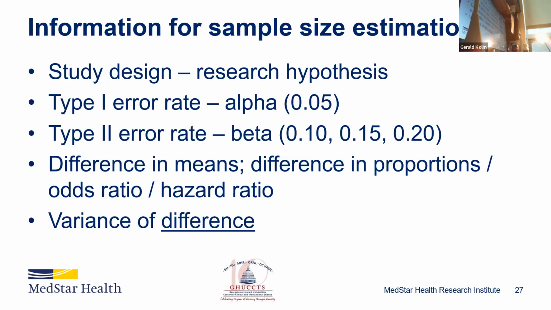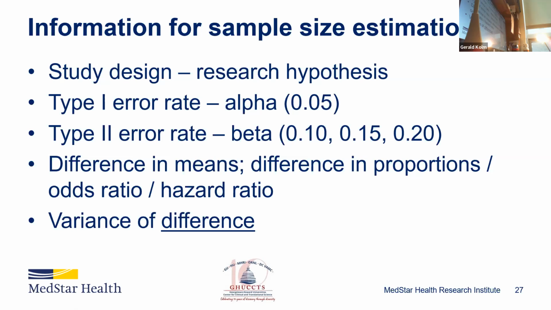And so beta 0.1 means that you have 90% power. And as you would expect, the greater the power, the more patients or subjects you're going to need. And so the other thing that really needs to be supplied by the investigator is, what is the difference that you're interested in?